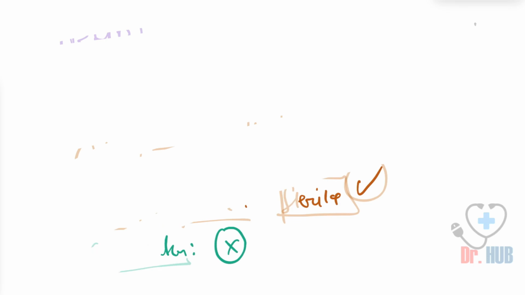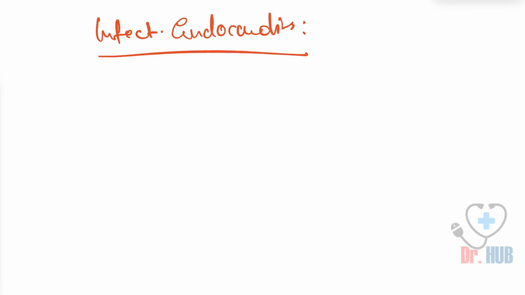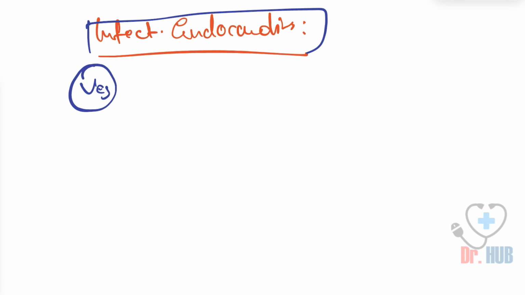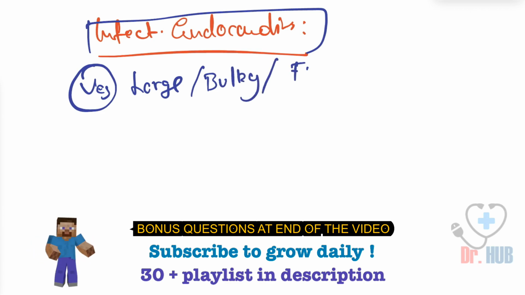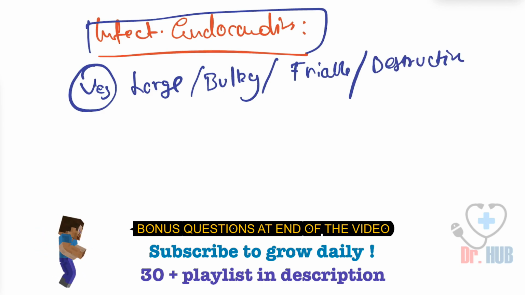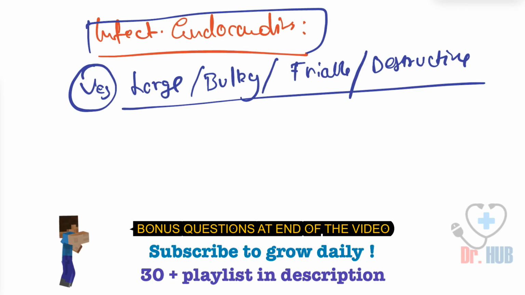After RHD, we move on to infective endocarditis. Under infective endocarditis, the etiology is infection. The vegetations are large, bulky, friable, as well as destructive. These are the features.